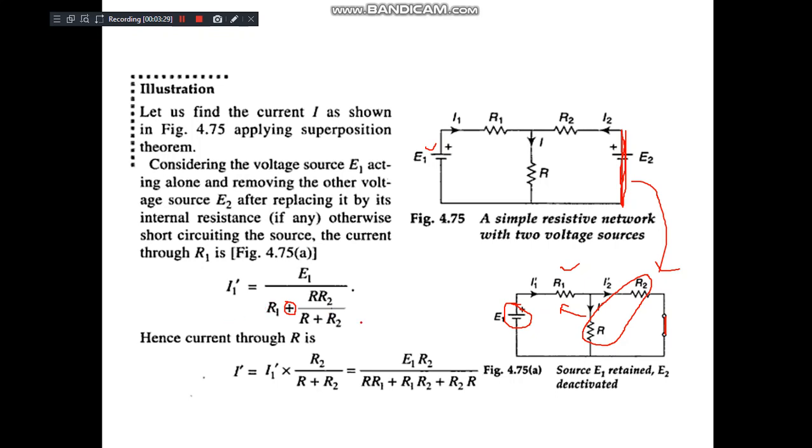So I dash, that is the total current passing through the element R when the second source is deactivated. Here the total current is I1 dash into the opposite resistance R2 by the total resistance of this loop. So I dash is this one.